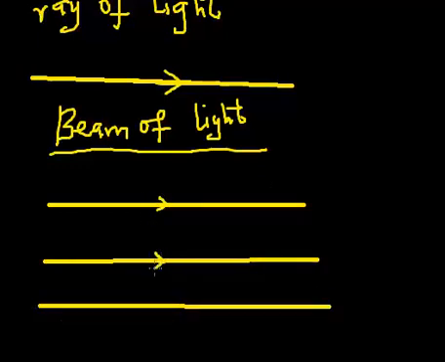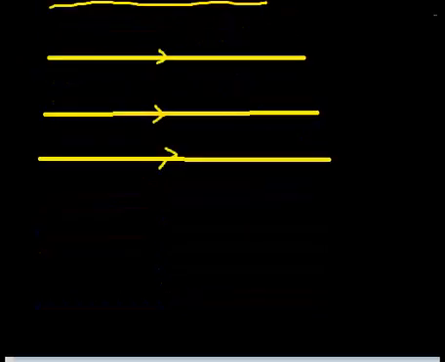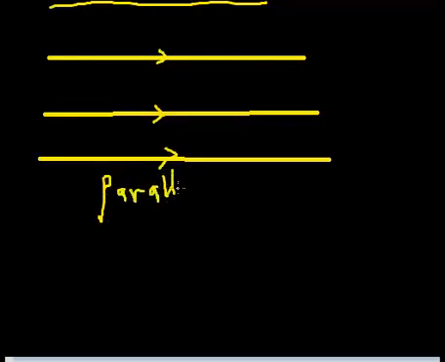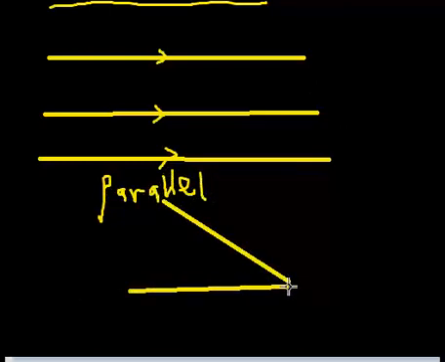So I have this parallel beam. Or we have what is known as a convergent beam, where the rays meet at a particular point. This is convergent.